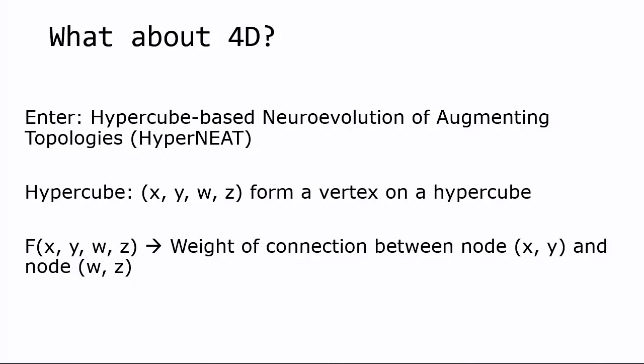And we can actually take this function, the CPPN, to take in 4 numbers, x, y, w, z, instead of 3 like before, and it can output now the weight of a connection in a neural network between node x, y, and node w, z. So you effectively have now a neural network encoding a much bigger neural network.